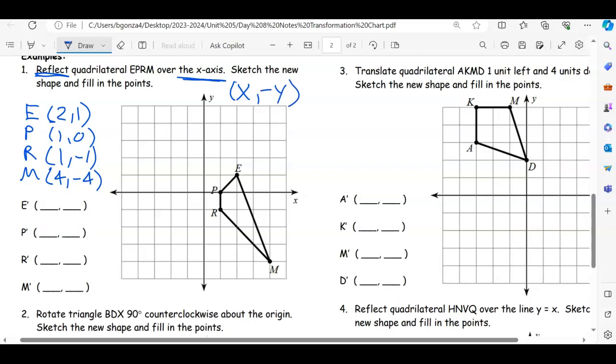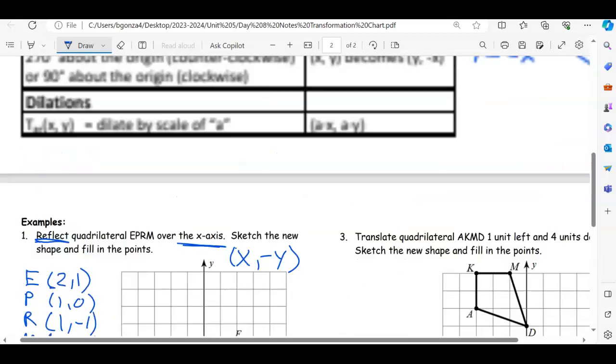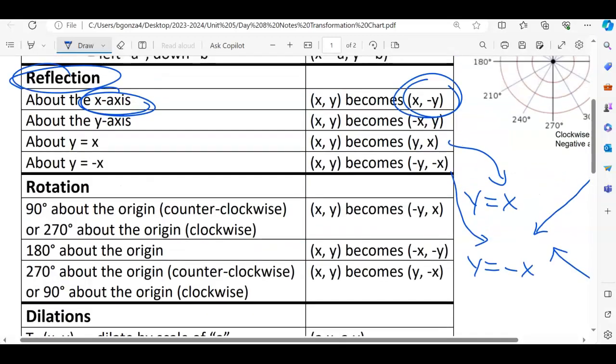Now what's the change? What's the only change if it goes from xy to x, negative y? What changed? What do y'all think? So they actually don't switch.